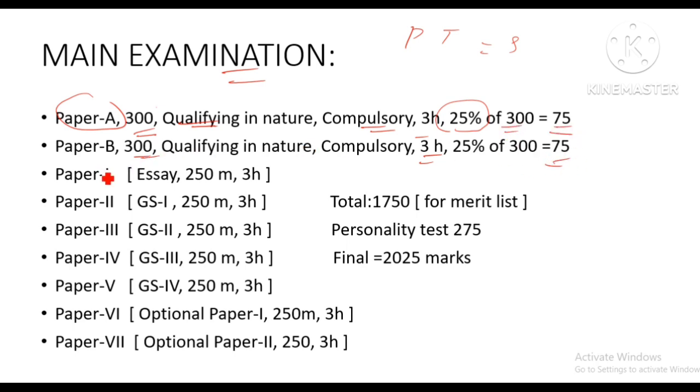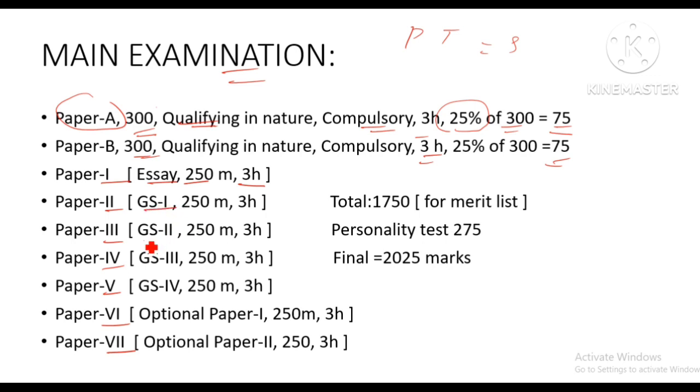After that, the papers which count for the final merit list are papers 1, 2, 3, 4, 5, 6 and 7. Paper 1 is also called the essay paper, 250 marks, and 3 hours will be given. Paper 2 is also called GS1.